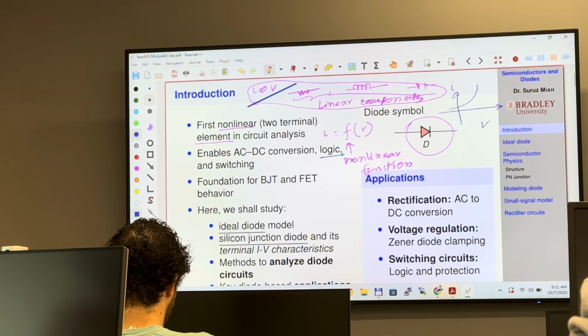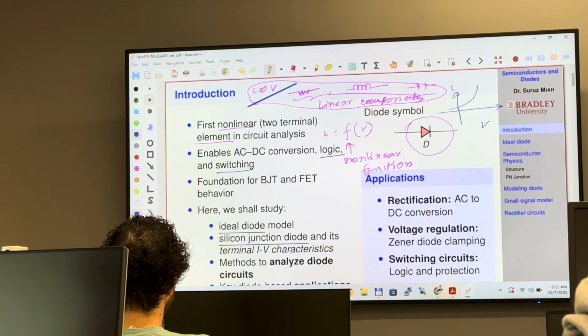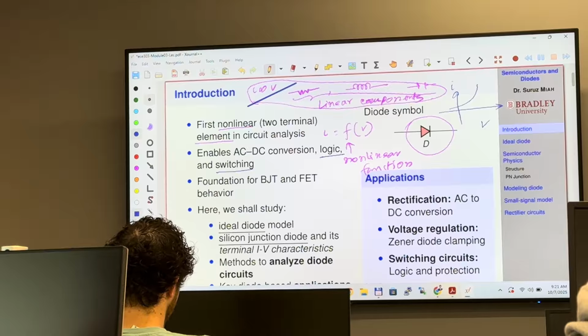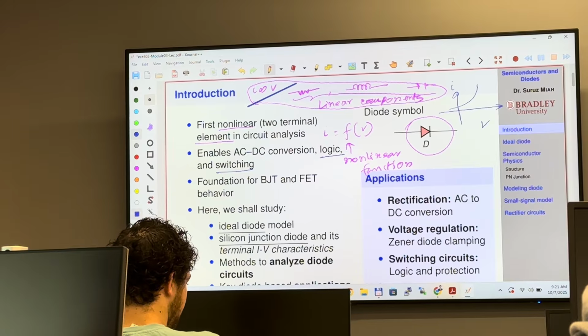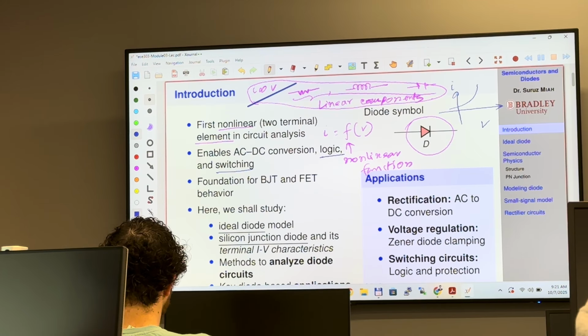It is used for logic operation. They are used for switching, on-off switching. You will be using a mechanical switch just to have an idea in the coming lab, but actual switching, like logic 1, logic 0, is implemented using semiconductor devices. Logic 1, logic 0, you learned in ECE 102 digital systems, where you learned about Boolean expressions, Boolean algebra.